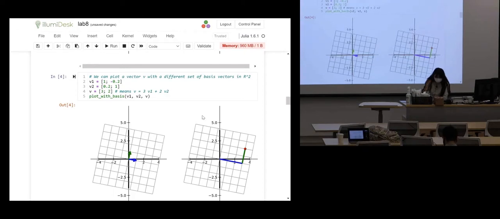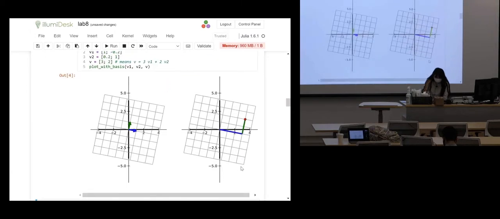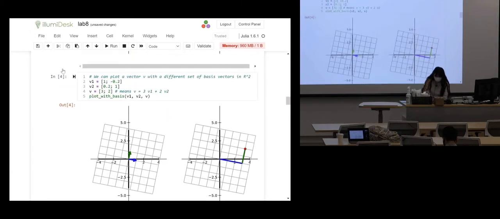And we can also express the vector V using those bases. So here, V equals 3 and 2, which means V equals 3 times V1 plus 2 times V2. So this 3 and 2 are the coordinates on this new set of bases.